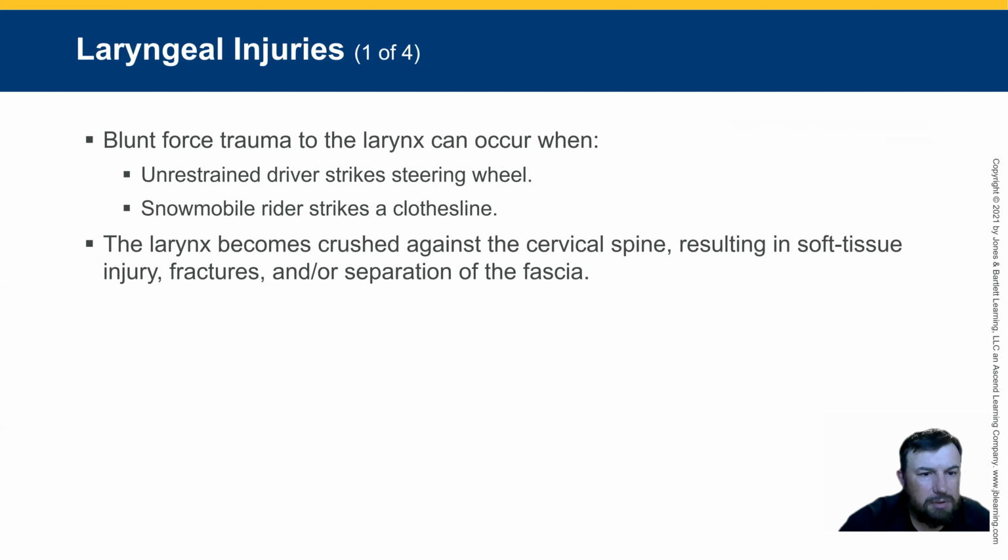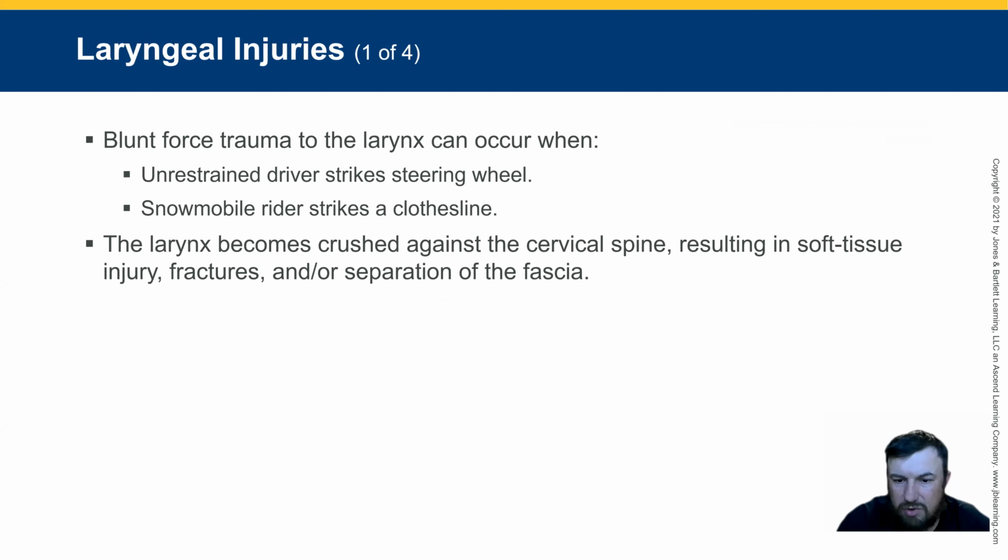Laryngeal injuries, so blunt trauma to the larynx can occur. An unrestrained driver strikes a steering wheel, as an example. Snowmobile riders or off-road bikes strike clotheslines or fixed wires. We're definitely going to get some neck injury there.